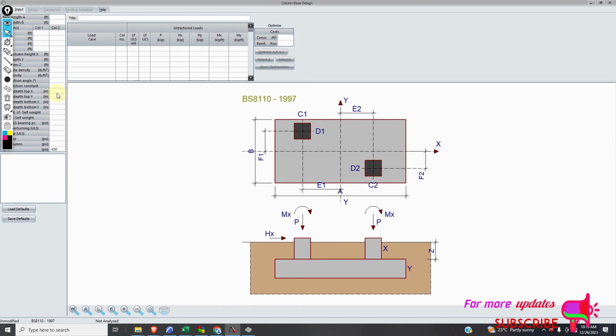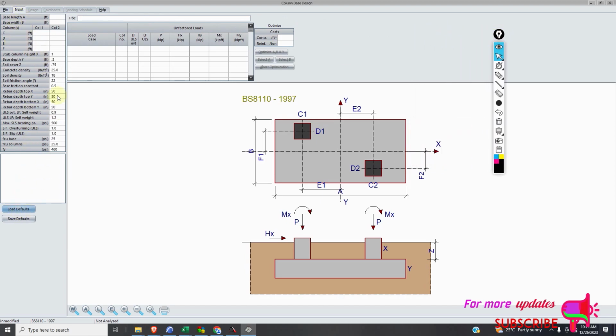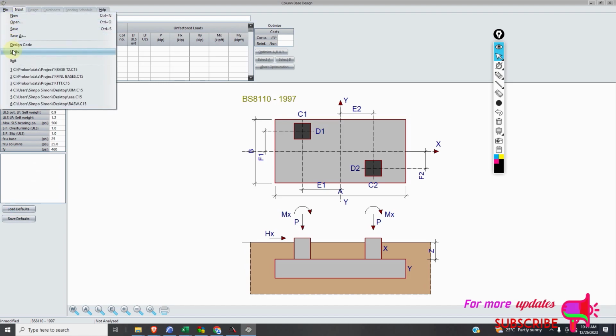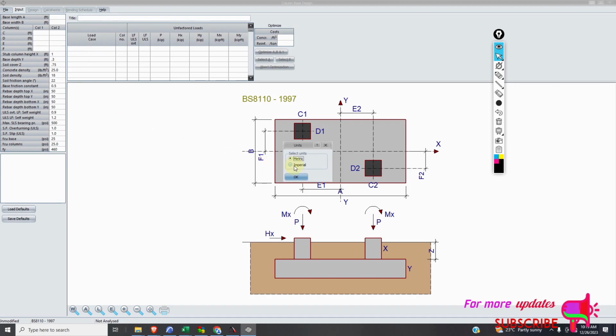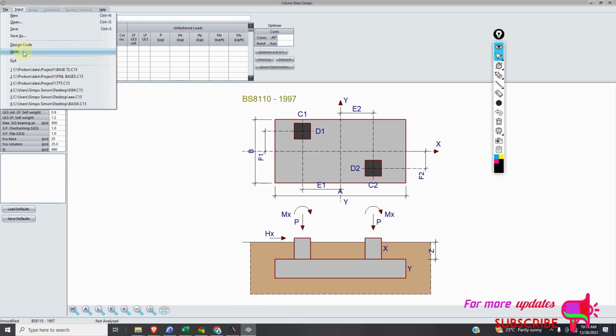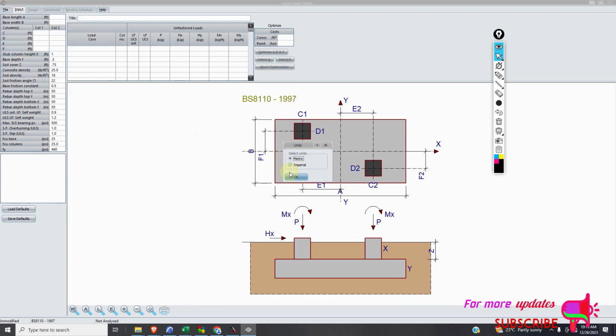And so we are having, let's fill in the data. So our baseline, this input has to be changed. So row default. Our file, I'll go to units, and I'm using metric. I don't know why it's giving me input, but we can do the file input metric. Okay. So I'm now using metric.